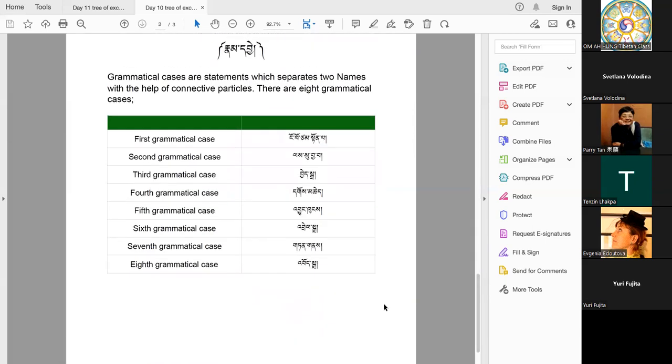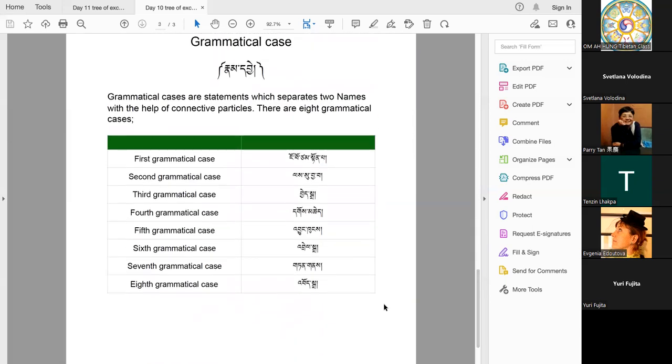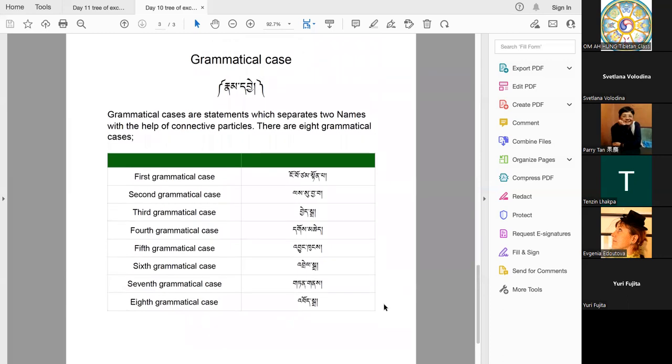Now the grammatical cases. Grammatical case is also known as nam ye. Ye normally means to separate. So what are we separating here? What are we trying to separate or differentiate here?